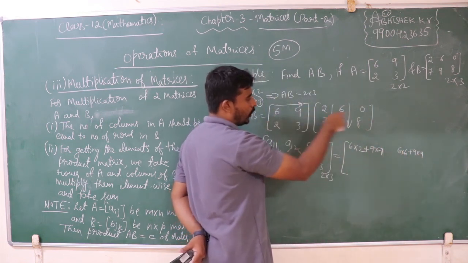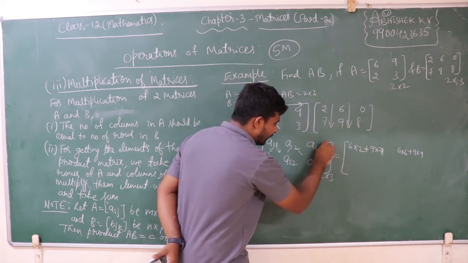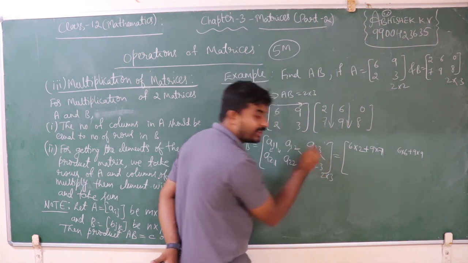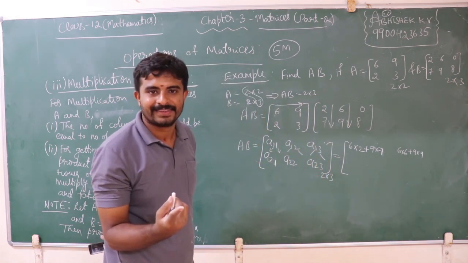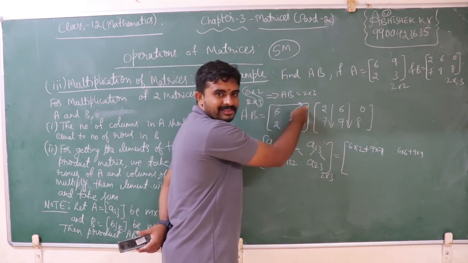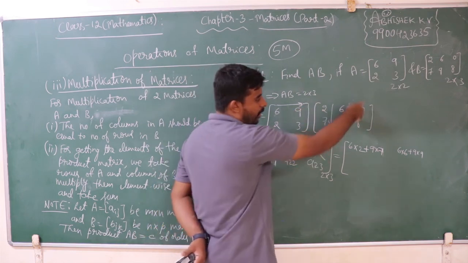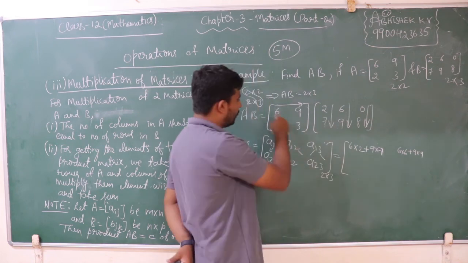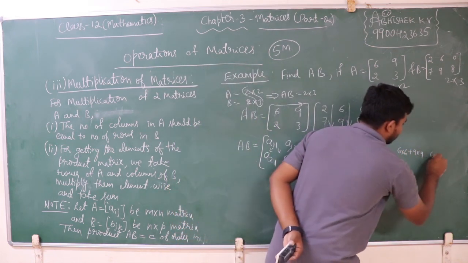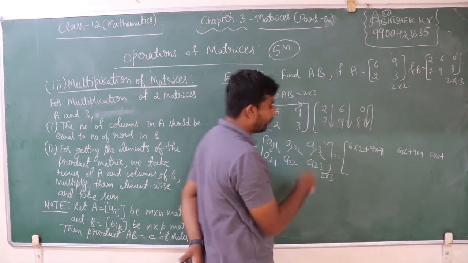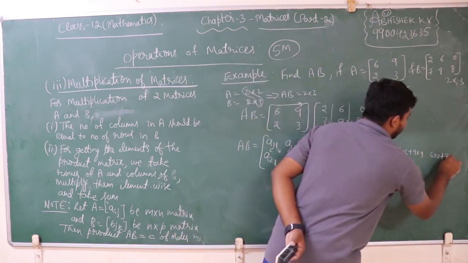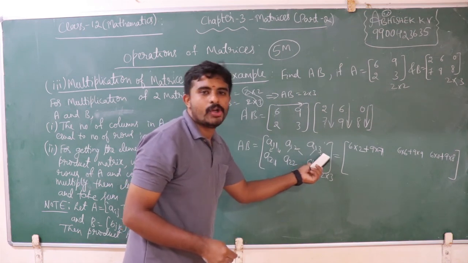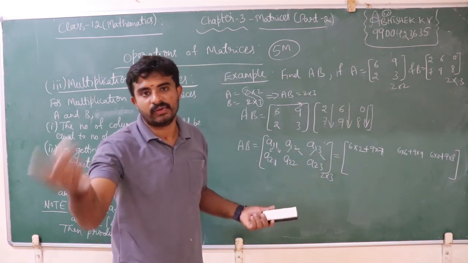Similarly, this row, this column, why? See, A13, first row of matrix A, third column of matrix B. Yes, first row, third column. First column, second column, this is the third column. Therefore, 6 into 0, take the sum, plus 9 into 8, because we have only the A13 element, not A14.